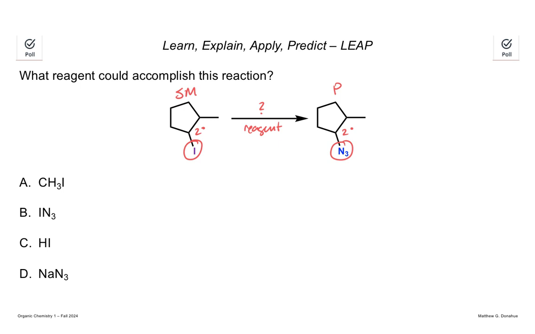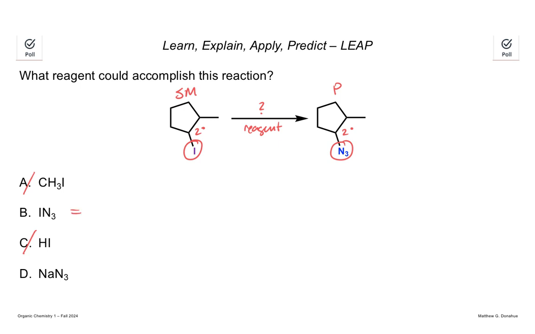So immediately for choice A, you can see that there's no elements of N3. So that's out. C also has no N3 in it. And then you're left with B and D. So the main difference between them, they both have N3.